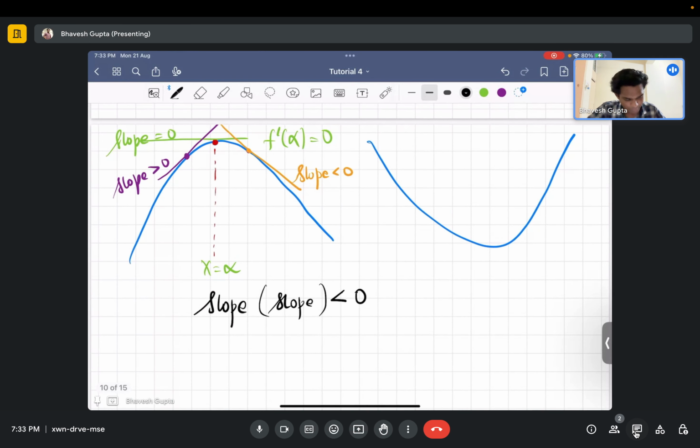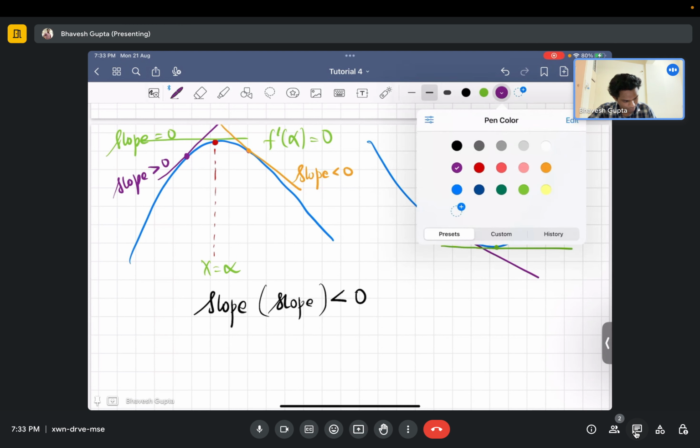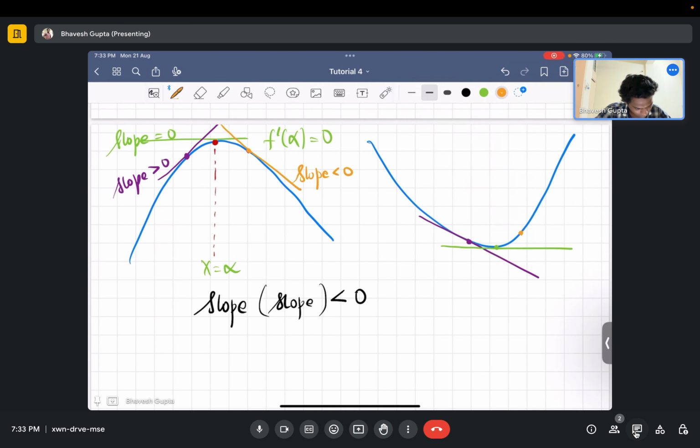But in the case of minima, if you see very carefully, the point at the left has a different slope, the point at the minima has a different slope, and the point at the right has a different slope.